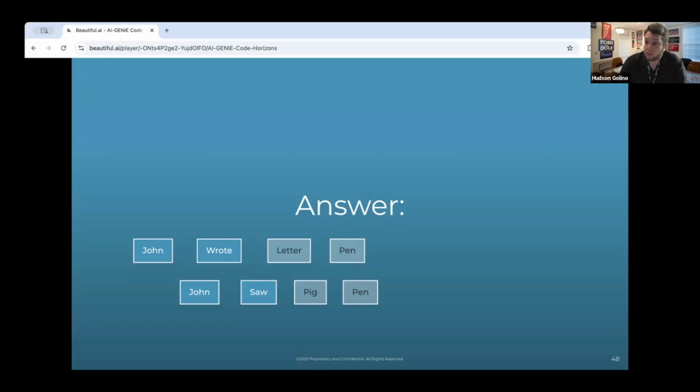John saw pig is also giving us all the information we need about pen, right? So it's the collection of words and the position of the words in the sentence. We need both. Actually, nowadays we discover we don't need both, but that's something for later. But originally, in natural language processing with transformer model architectures for large language models, it was discovered that we needed both the collection of words that came together in a phrase and the position of the words in the phrase to be able to understand context.